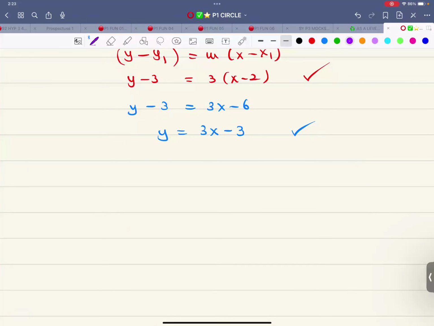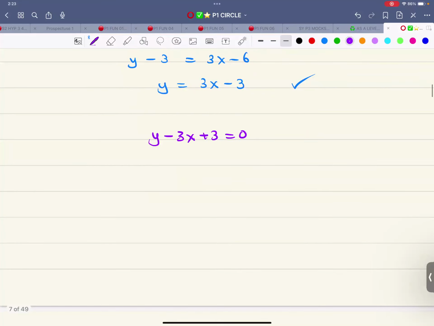Someone can transfer everything to one side: y minus 3x plus 3 equals 0. They can write it in the form ax plus by plus c equals 0.